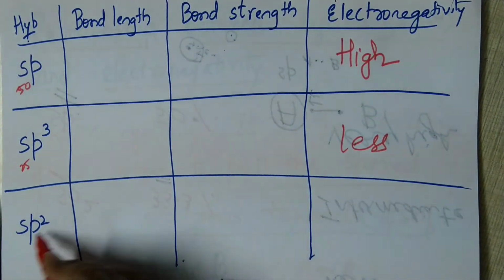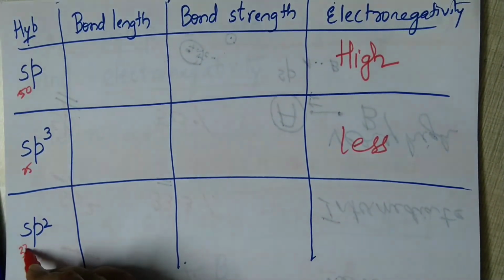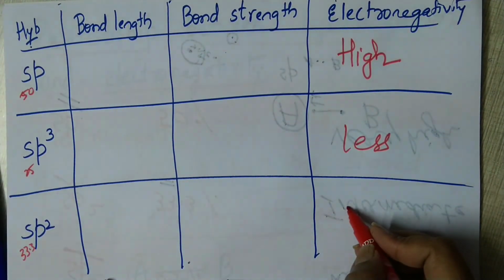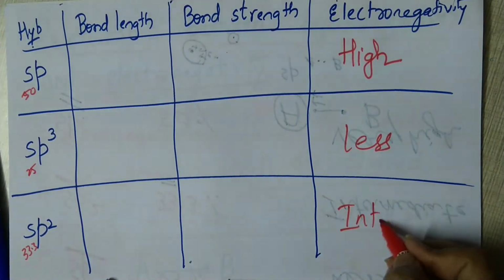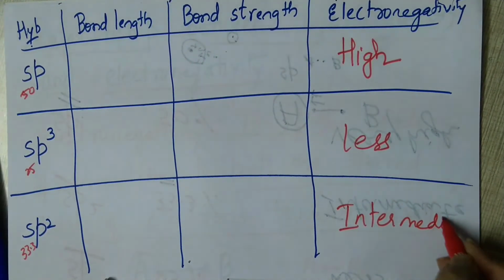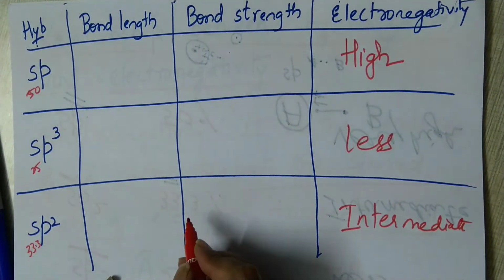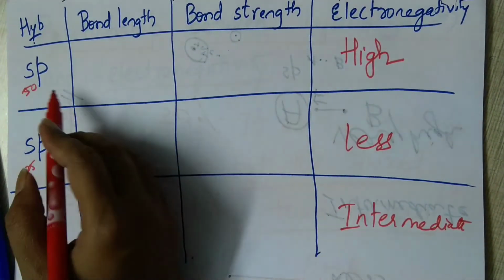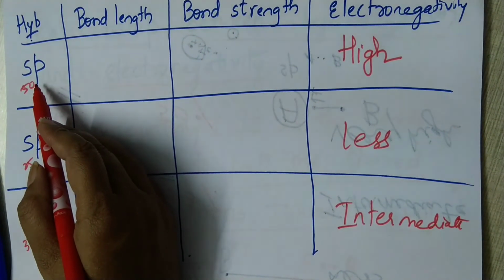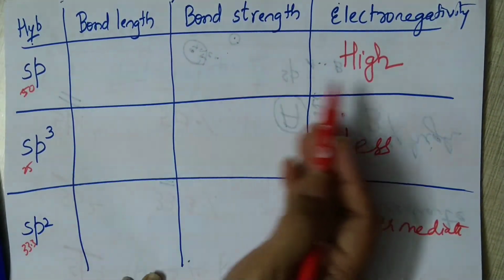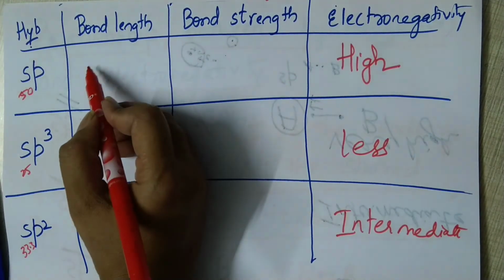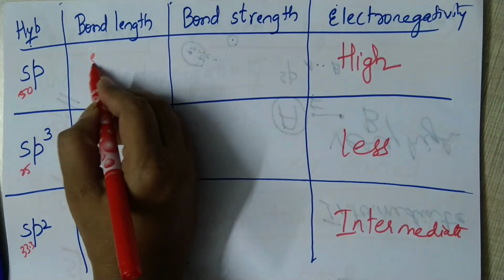How about in sp2? S character is 33.3%, so it is in between or intermediate. Now coming to bond length, when S character is very high, pulling will be more, therefore bond length is short.